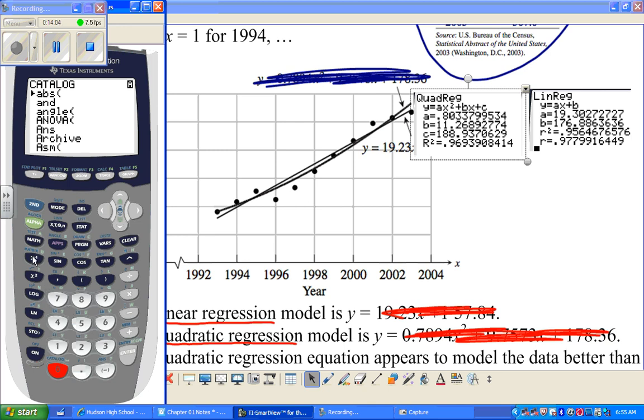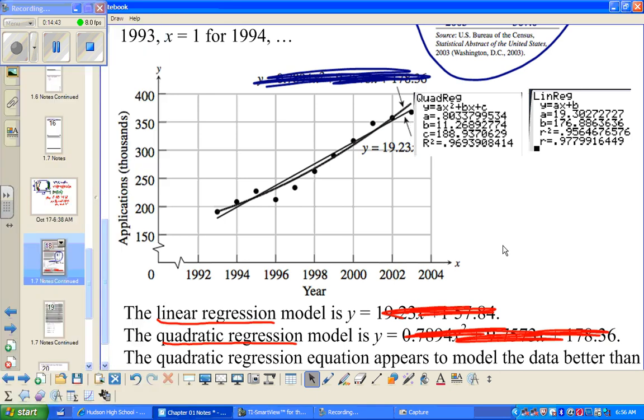So I'm going to press the D to jump down to the D's. And it looks like I passed it. And you would just press enter there. I don't want to turn it off. You wanted to do diagnostic on, and then you just press enter. You would go back and do the same thing we just did, and you would have your R value show up at that point. Or your R squared value, excuse me.